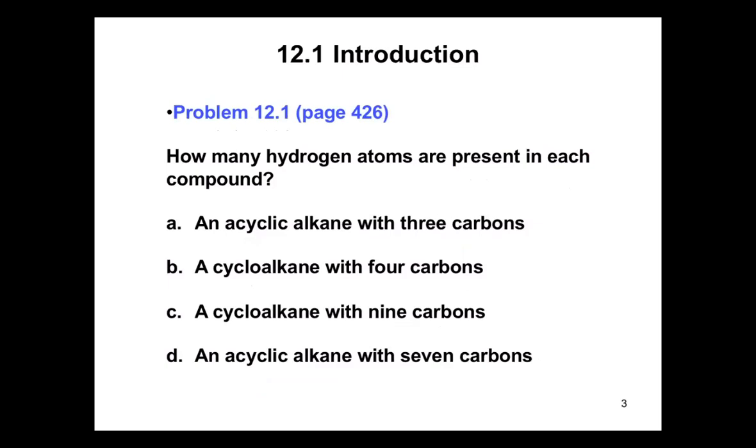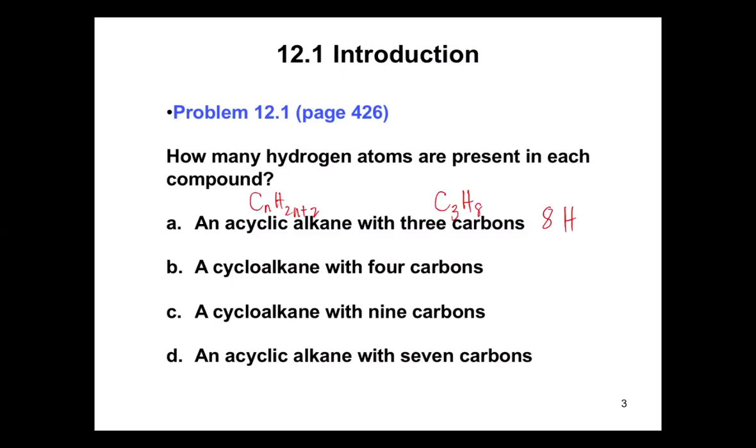So for letter A, acyclic alkane with 3 carbons. Remember, acyclic alkane, ang general formula is CnH2n+2. Okay, so kung merong 3 carbon atoms, so you have C3, 2 times 3 is 6 plus 2, you have 8 hydrogen atoms.